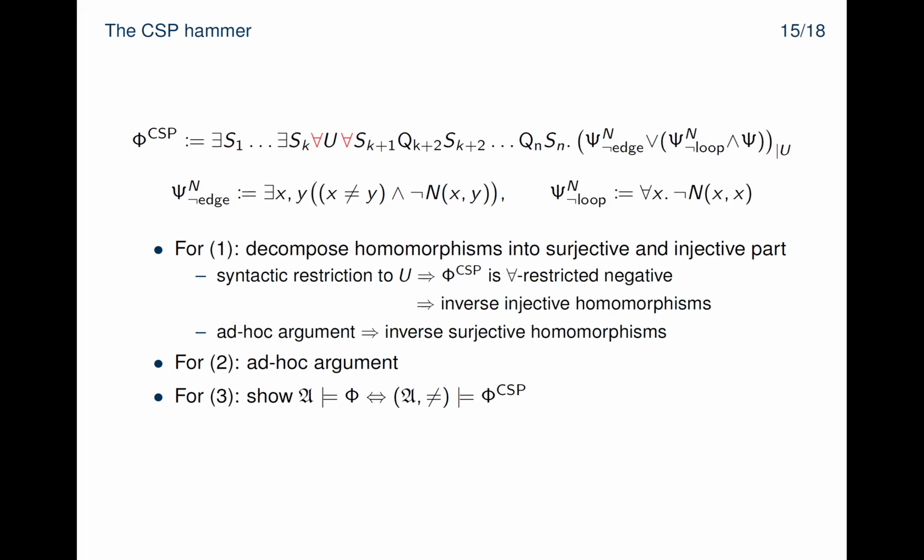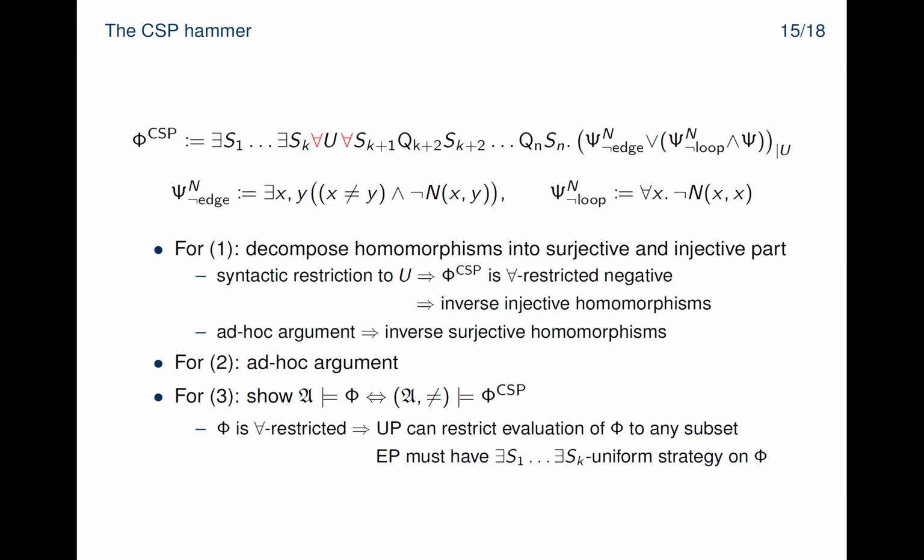The reason is that if we take a structure in this original signature tau and expand it by inequality for the symbol n, then this non-edge and non-loop become irrelevant, and verifying phi CSP is just the same as verifying phi. And for this, we need this Forel restrictedness condition, but maybe I will not go through this now.